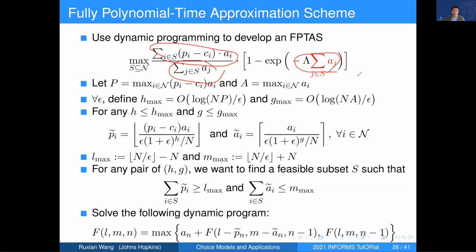Actually, we can show this one is near optimal. Actually, it's an FPTAS. The idea at the high level is to discretize the parameters and solve dynamic programs.